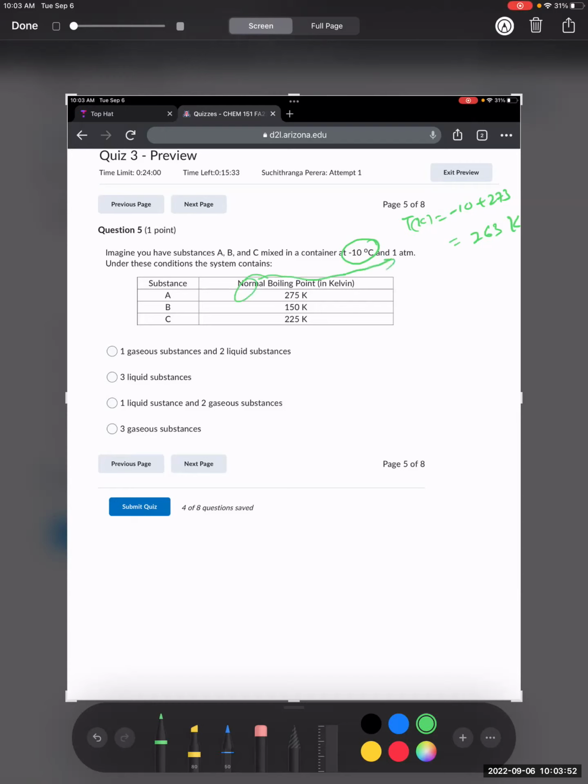Now, if you draw the temperature axis like this, and then indicate what we have here, we have the boiling temperatures of the substances. So we have the lowest boiling point at 150 Kelvin.